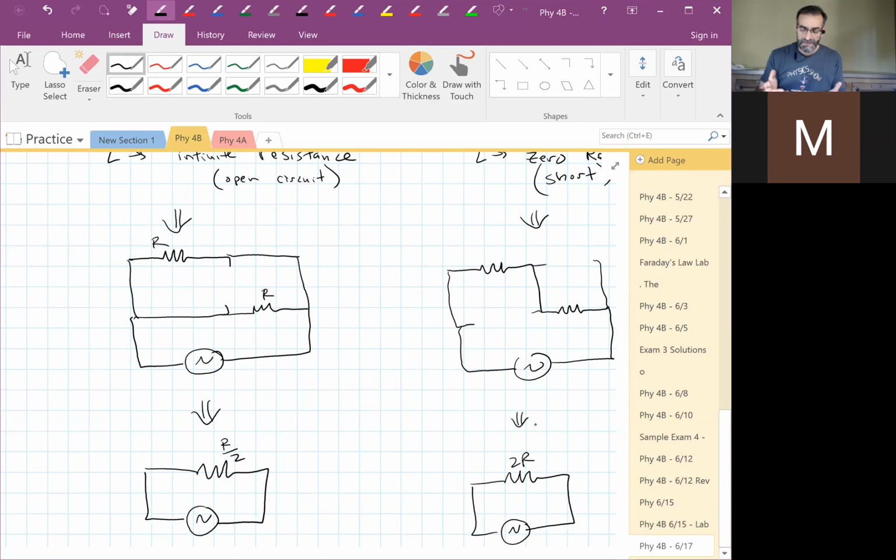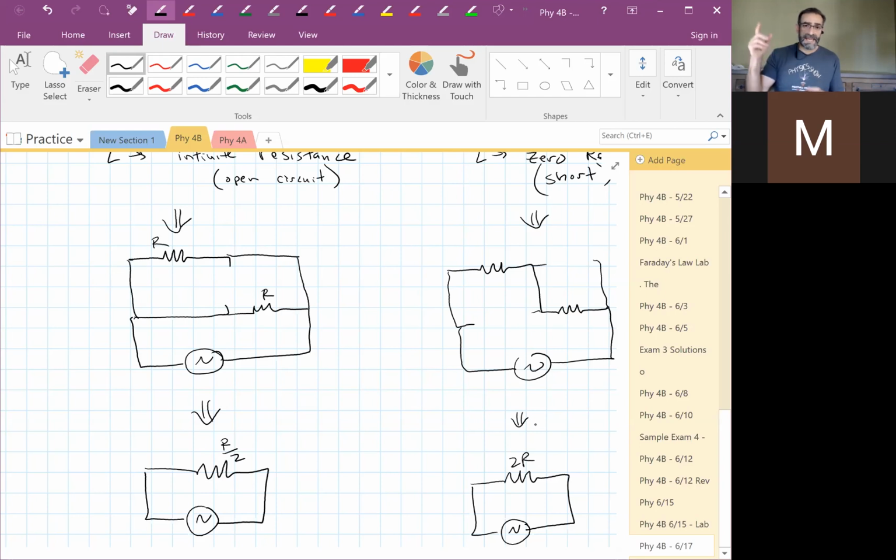For example, in the walls of your house, you have the AC power lines. Those are very low frequency. That's 60 hertz. Our power oscillates at 60 hertz, very low frequency compared to audio and video signals, which are much higher frequency.